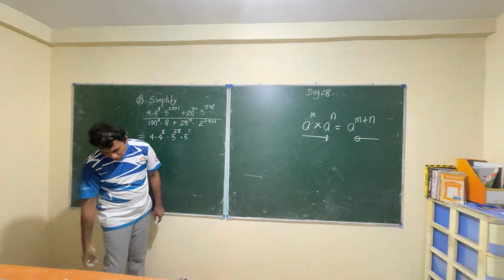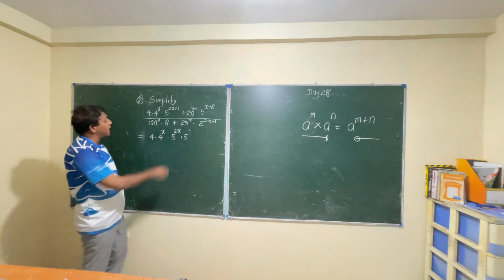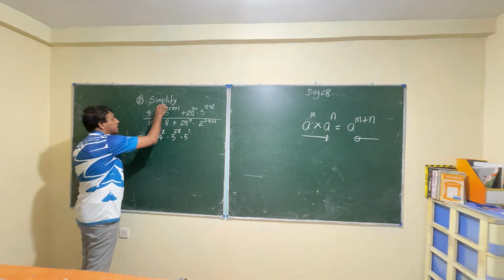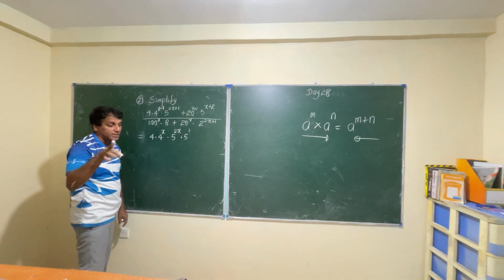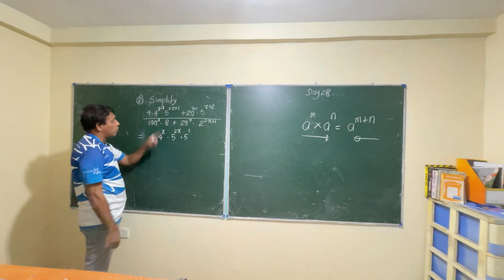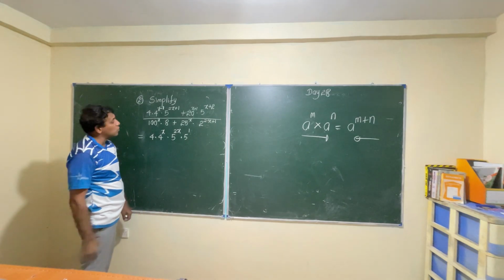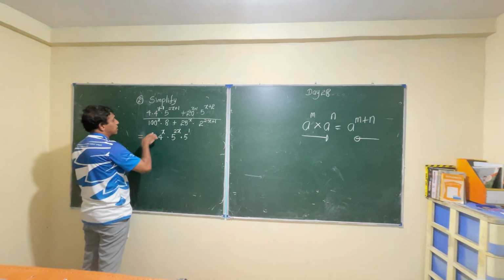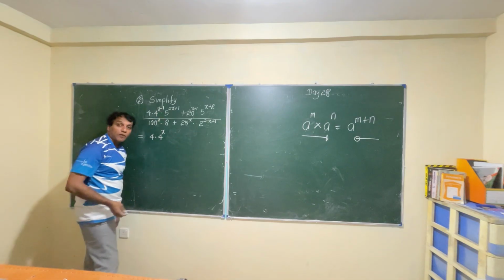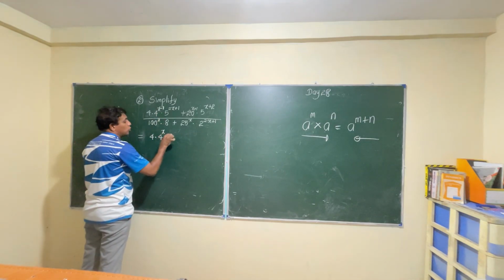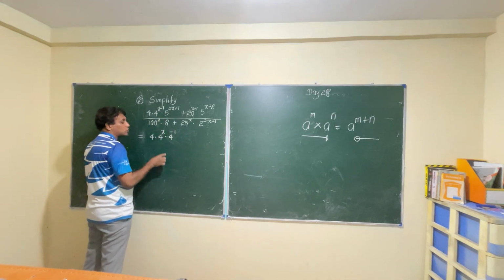So I take the problem 4 into 4 to the power x minus 1. Check the problem is available, original problem. 4 to the power x minus 1, right? So therefore here 4 to the power x, 4 to the power x into 4 to the power minus 1.